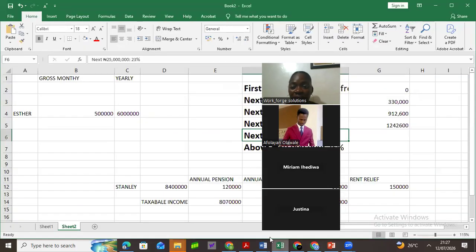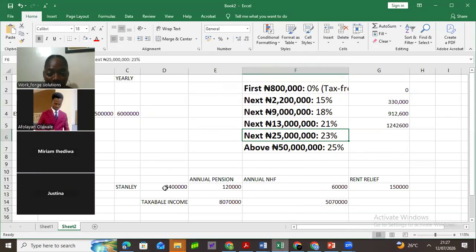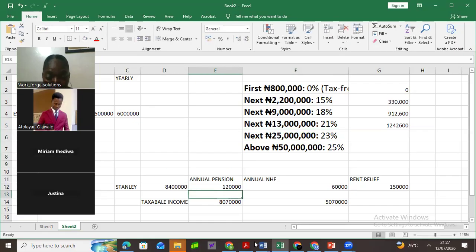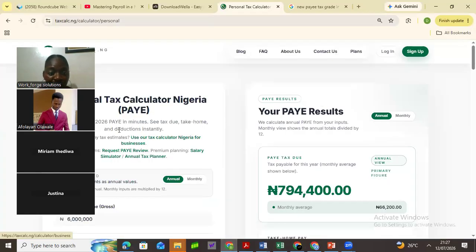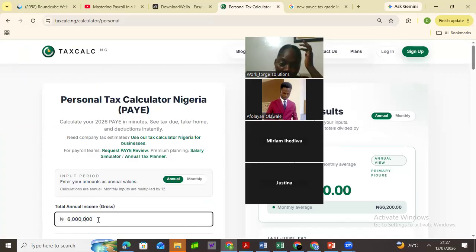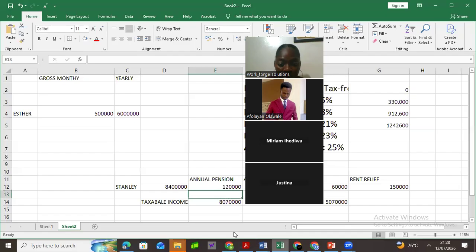Let's double check our answer. Can you see my screen, the calculator? Okay. So annual gross, we said it was 8.4 million, right?